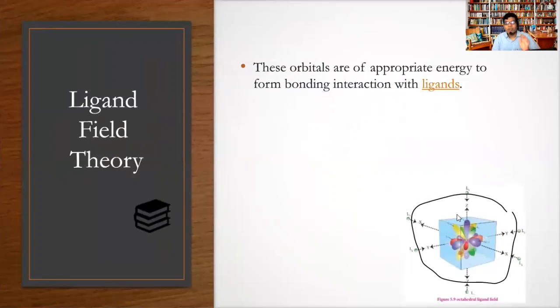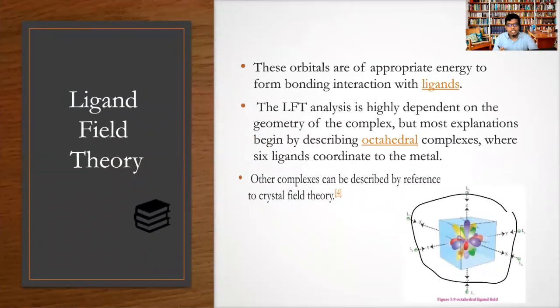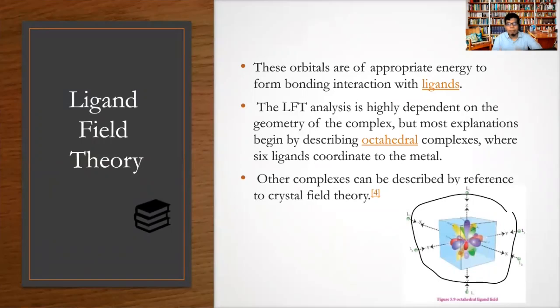These orbitals of appropriate energy form bonds or interact with the ligands. How they interact? Based on the molecular orbital theory. And also, what happens to the degeneracies of these bonded atoms when other ligands come to interact? Based on the crystal field theory, the degeneracies break and the bonding happens.